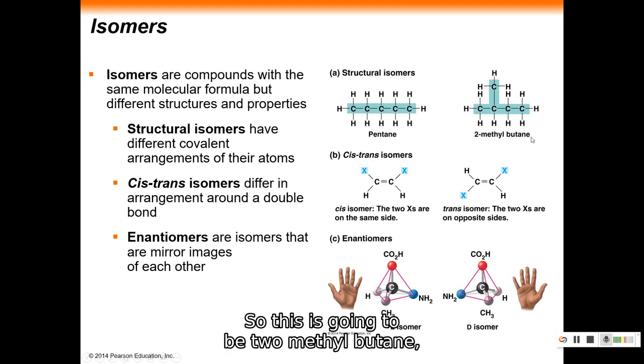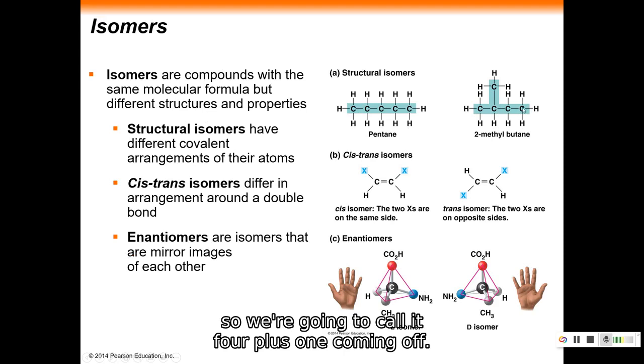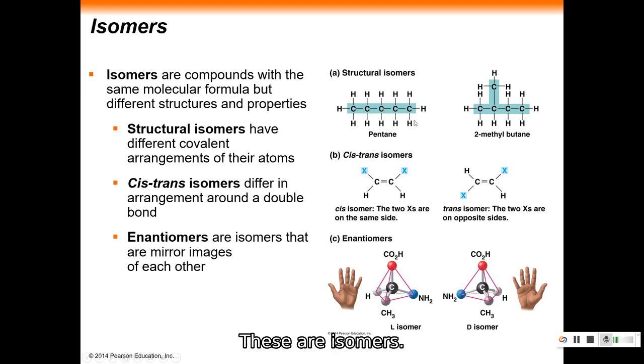So this is going to be 2-methyl butane, so we're going to call it 4 plus 1 coming off. These are isomers. Isomers are molecules that have the same molecular formula, so these are both C5H12, but they have different structures, and because they have different structures, they're going to have different properties. They're going to fit into biological systems differently.